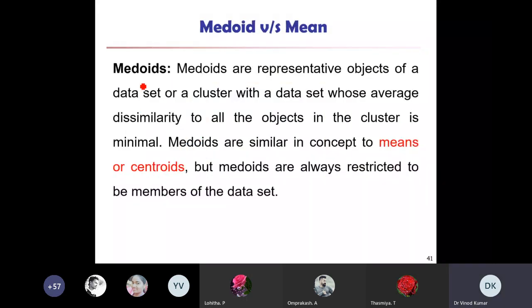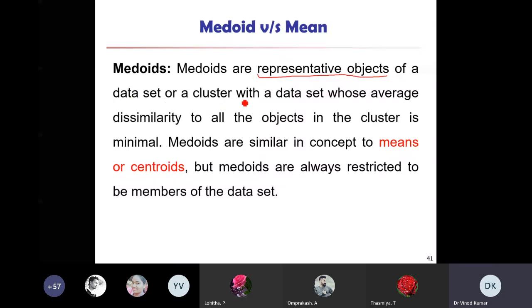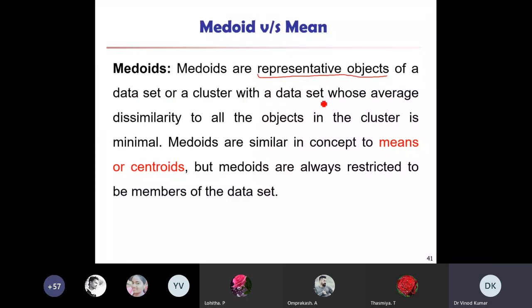Now you come here: medoid versus mean. What is the difference between them? Medoids are representative objects of a data set or cluster whose average dissimilarity to all objects in the cluster is minimal.